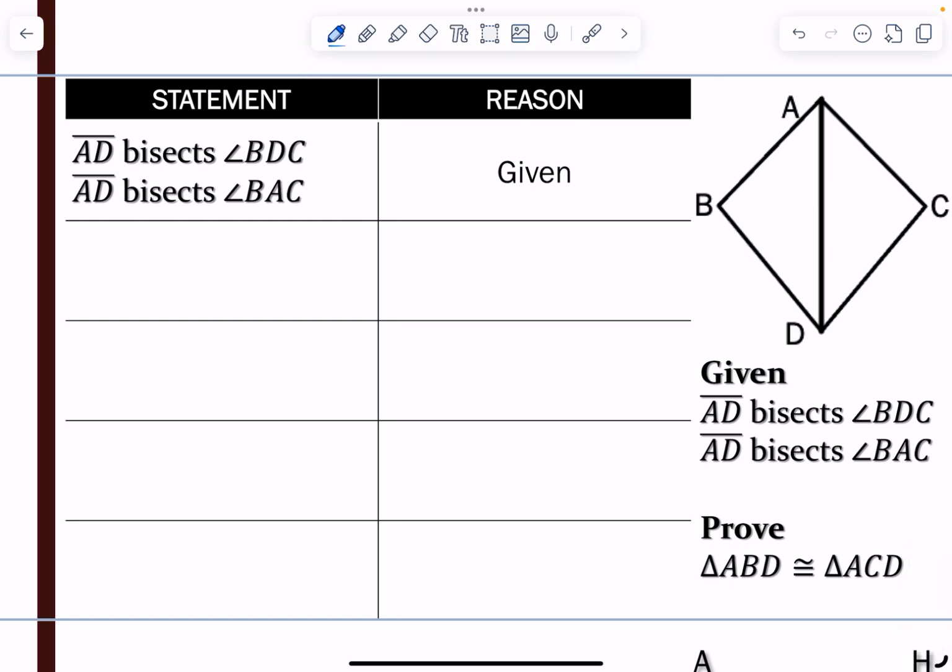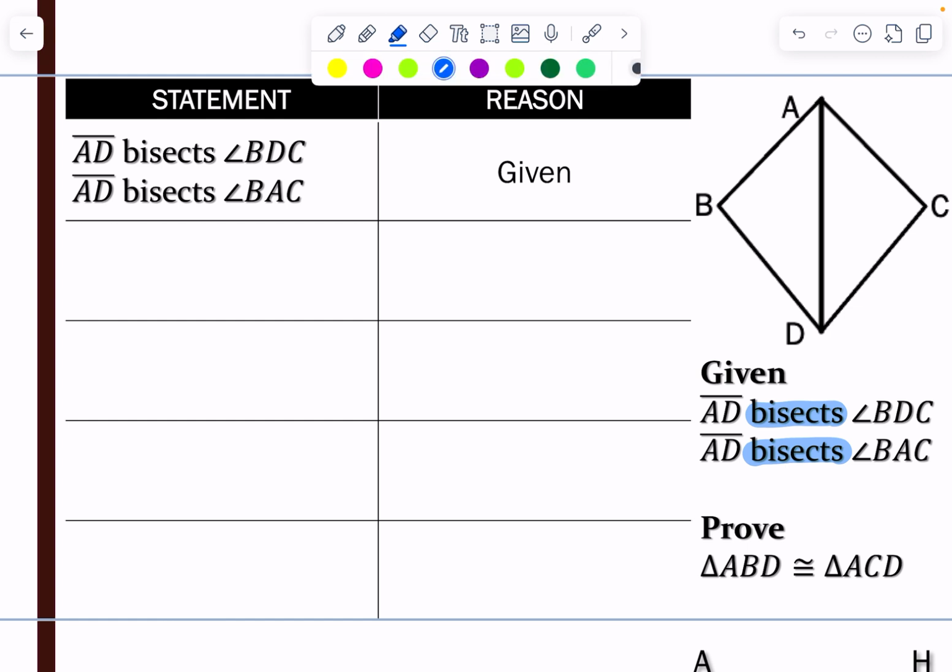So here we go. We know that AD bisects angle BDC, and we know AD bisects angle BAC. And my goal here is I want to prove these two triangles congruent.